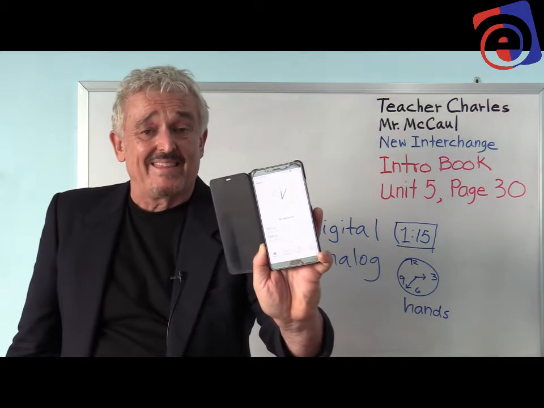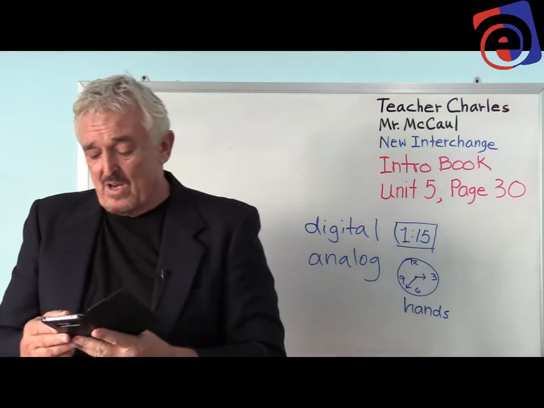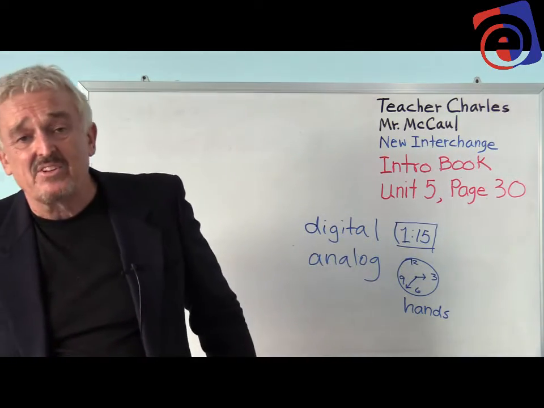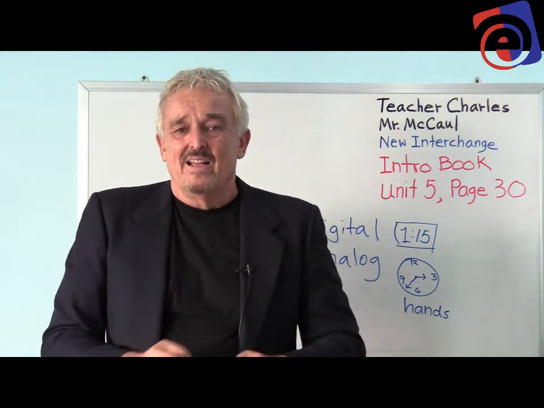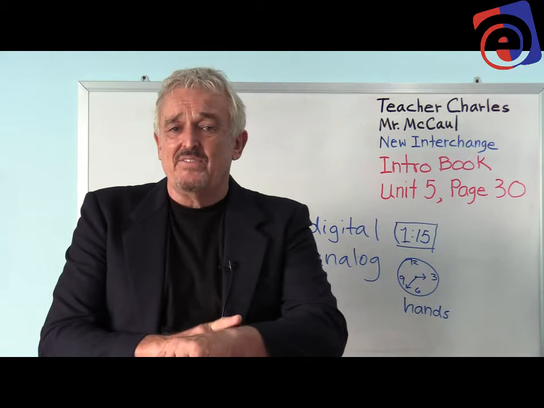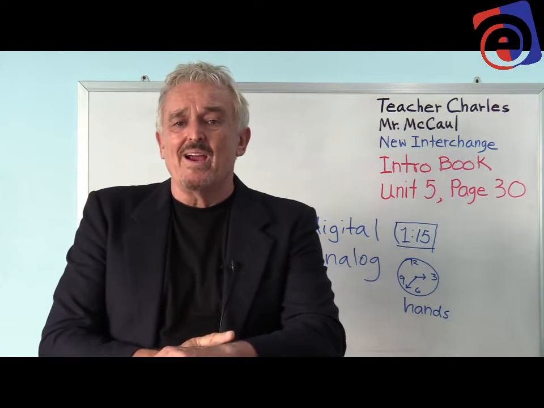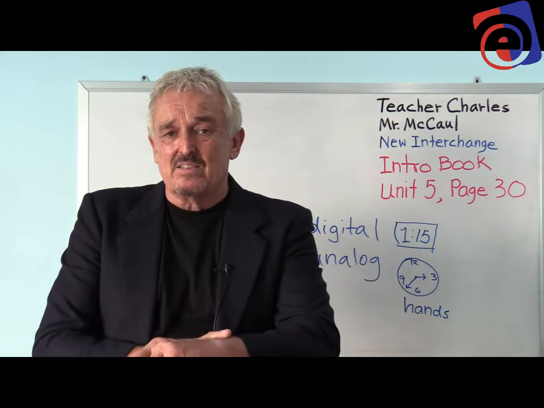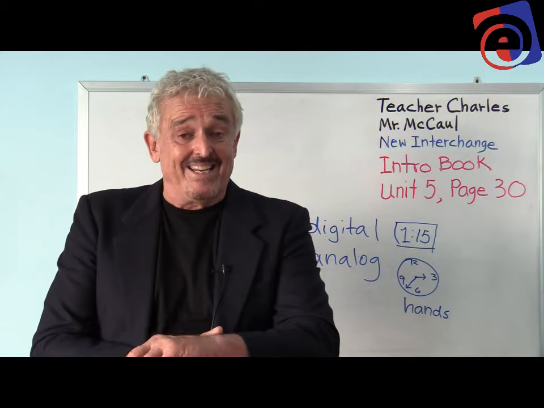Sometimes I like to look at the analog clock. Sometimes I like to look at the digital clock. So let me ask you this. This is one of your homeworks. If you wear a watch, do you wear an analog watch, or do you wear a digital watch?